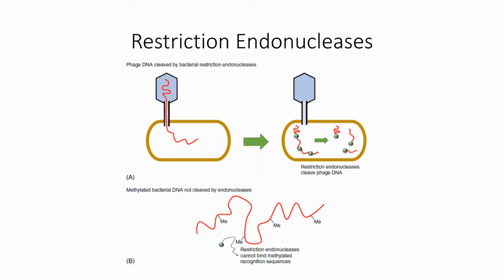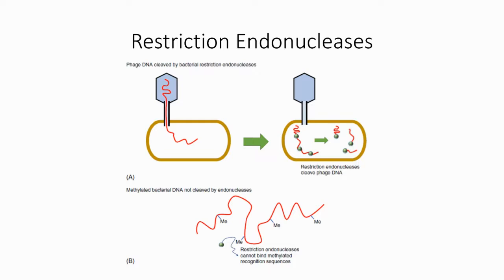In the early days, in the 50s, scientists found some bacteria that are immune to bacteriophage infection. From those bacteria, they discovered this host defense mechanism, because these bacteria can produce a particular endonuclease that can distinguish between the host DNA and the foreign DNA, which is the viral DNA, and then degrade the viral DNA.